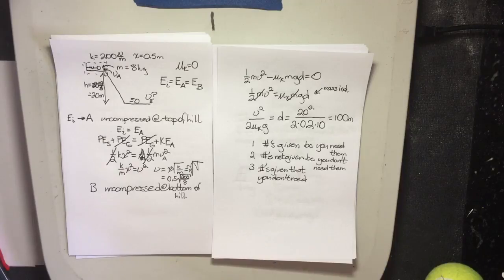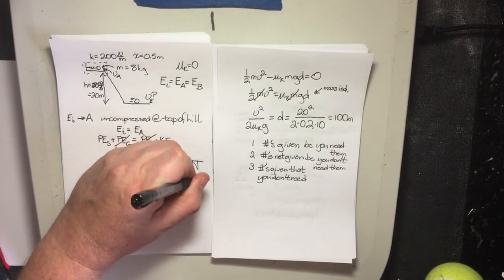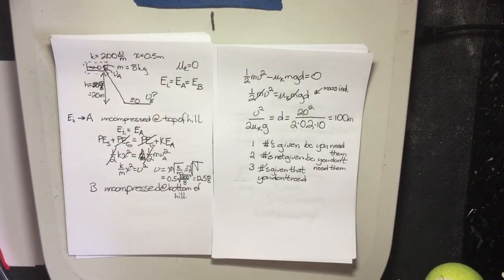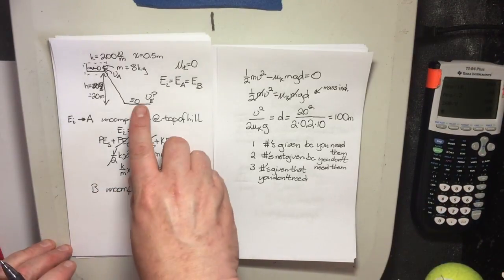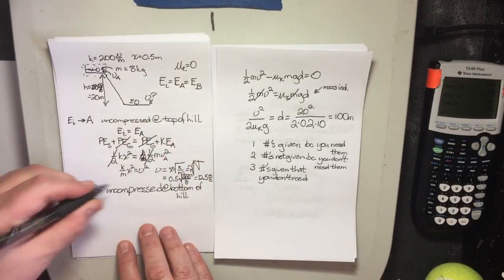And so the velocity at that particular point, ooh, that's good, 12.5 meters per second. That's the velocity at the top of the hill. Now, what I'm also interested in is what's the velocity at the bottom?